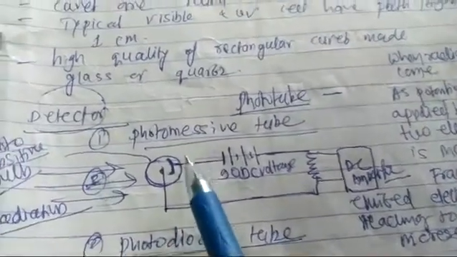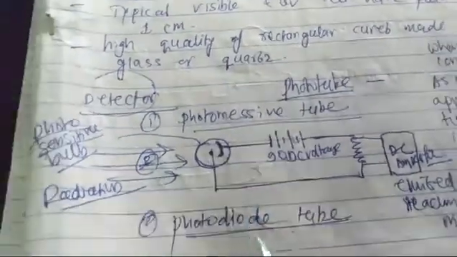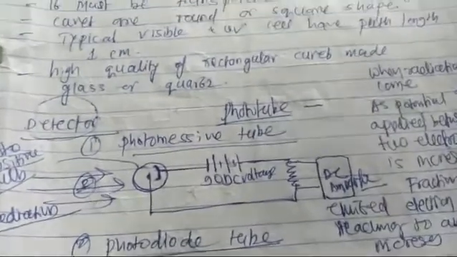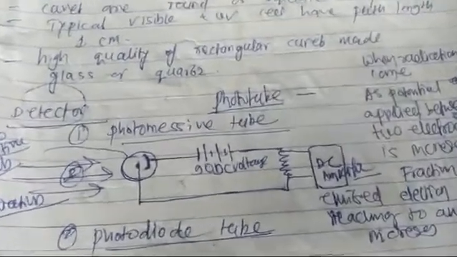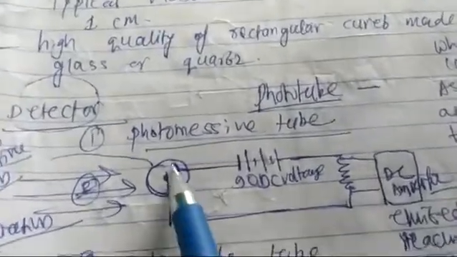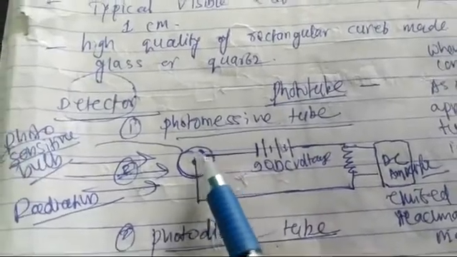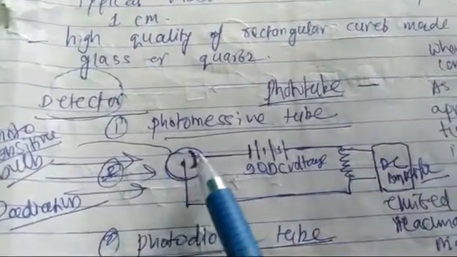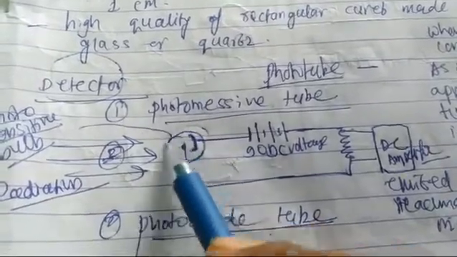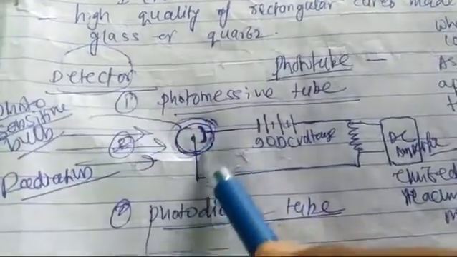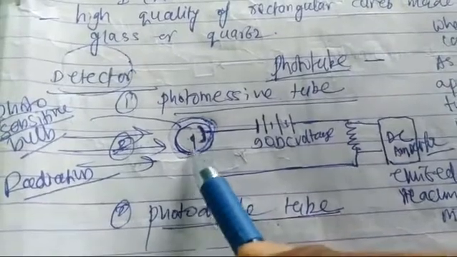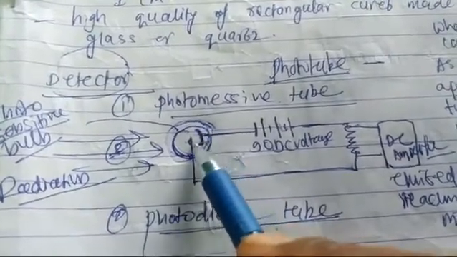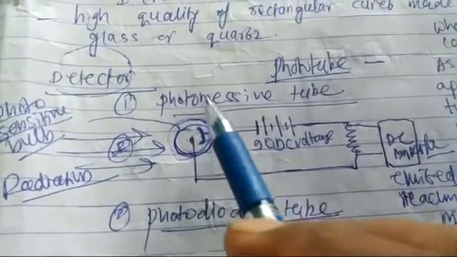So the detector works like this. When the radiation comes, here is the photosensitive bulb. This is the anode and cathode. Here we apply a specific voltage.